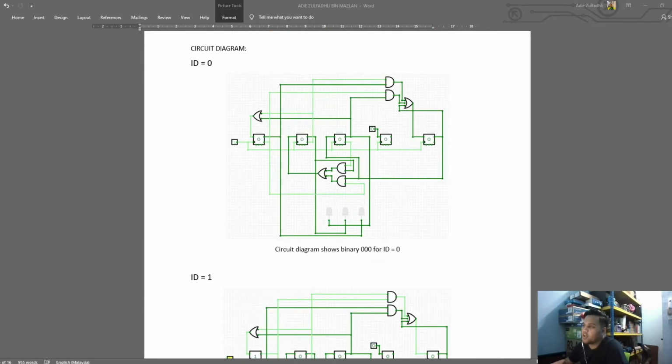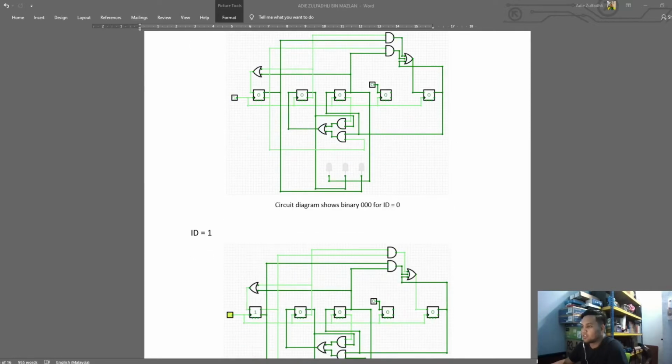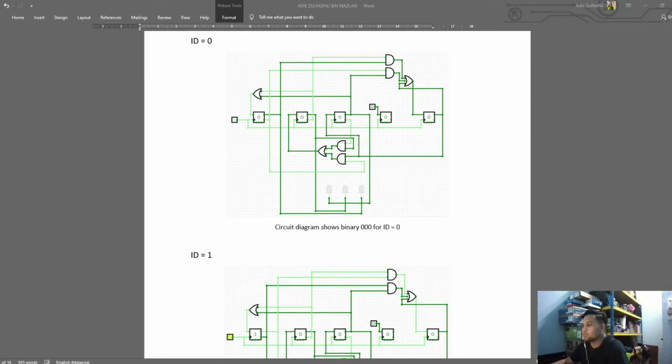Okay, this is ID equal to 0, which is the first number in my ID, 0. The circuit diagram shows a binary 0 0 0 0 0 for ID equal to 0.